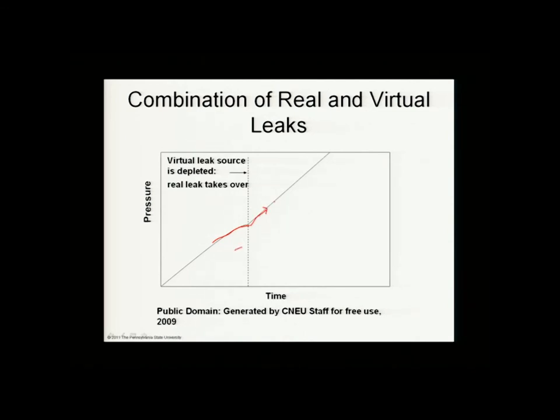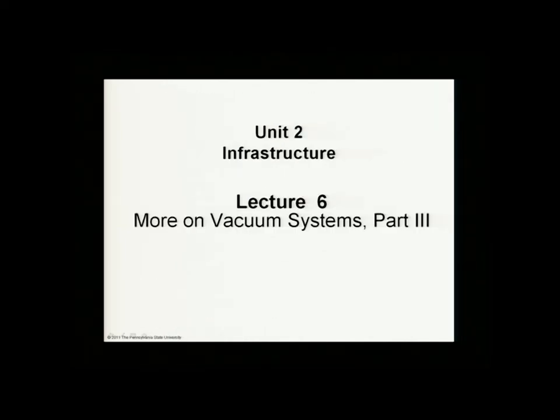So the virtual leak would dominate up to here in this particular plot, and after that, the real leak is dominating. So you need to look at these plots and try to decipher. You have to play detective and try to figure out what's causing the leak. Is it a virtual leak? Is it a real leak? Is it a combination?